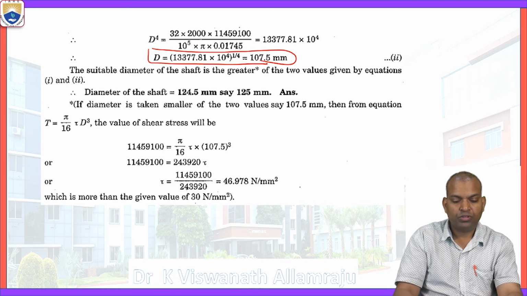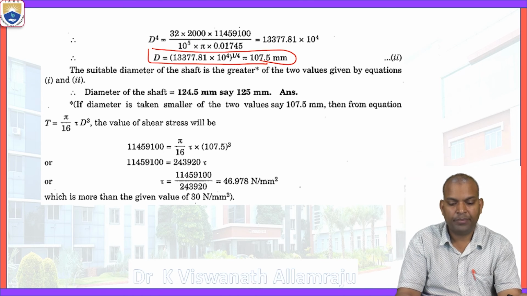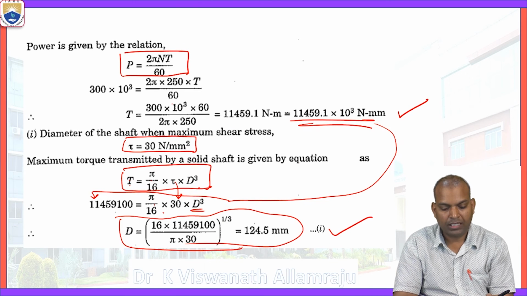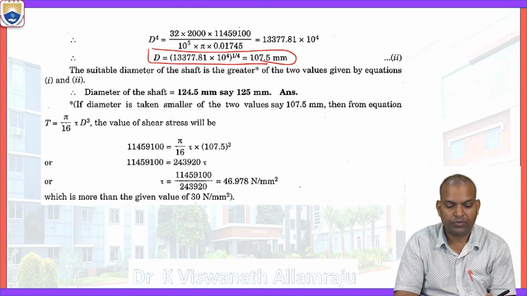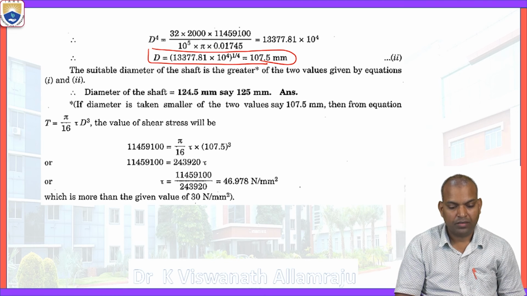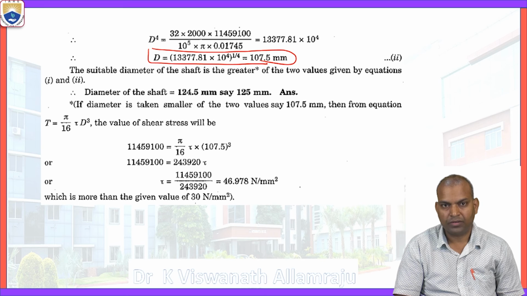So, from equations 1 and 2, from one the diameter value is 124.5, another diameter is 107.5. Which value do we have to consider as the diameter of the shaft?